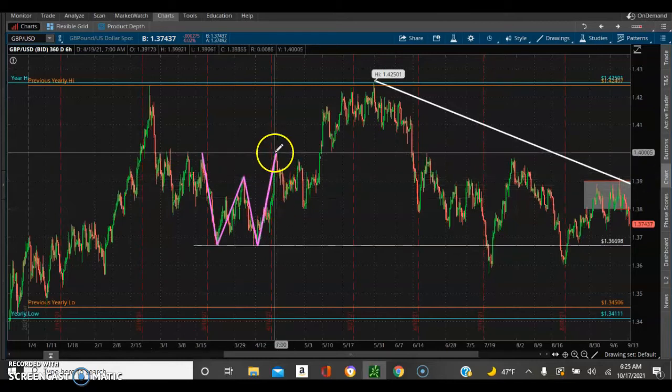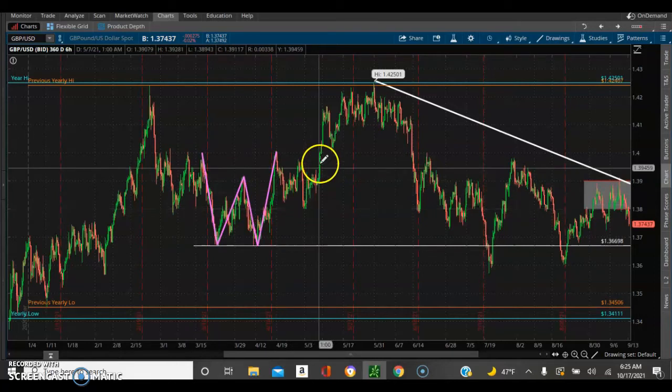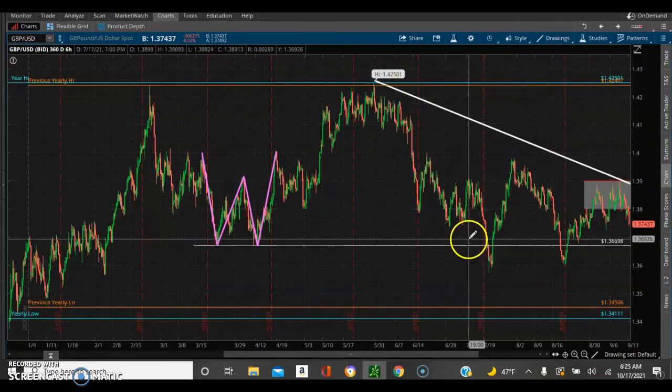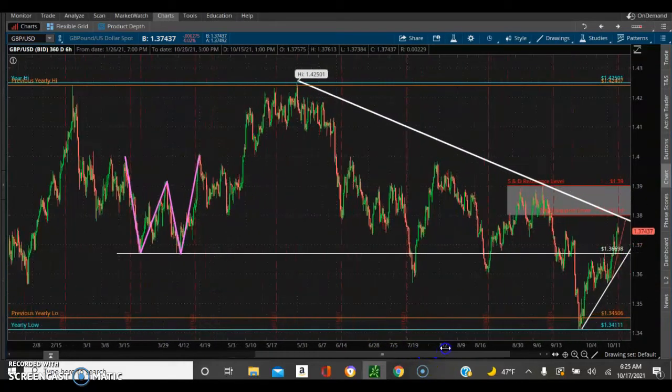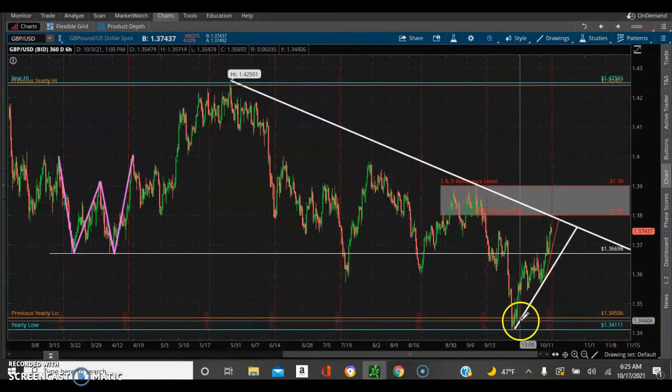The market came here, came back, retested, shot out of there and made the new yearly high. Since that point, the market came down and took out the yearly low. So we're definitely going to see what the next move is for Great British Pound USD.